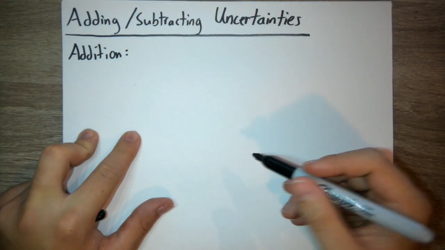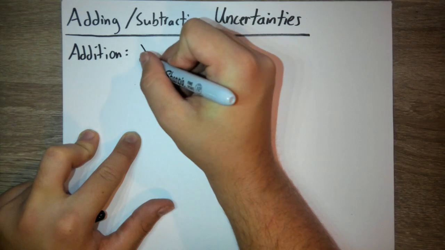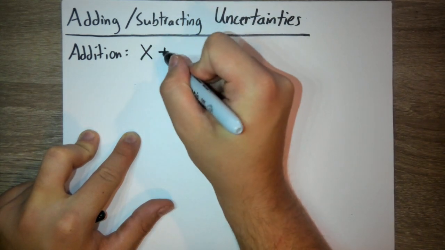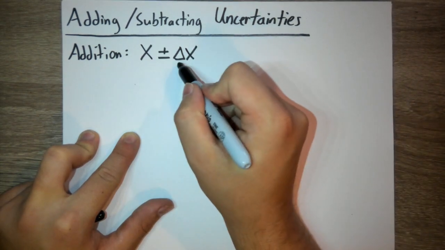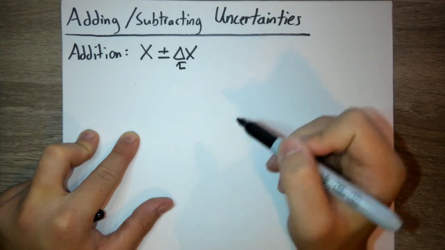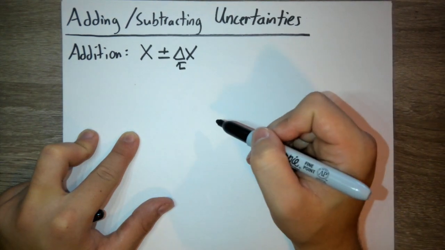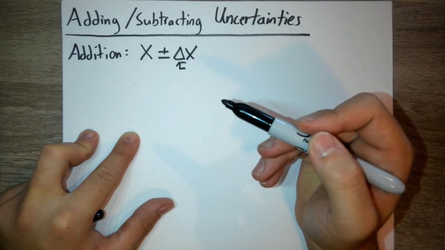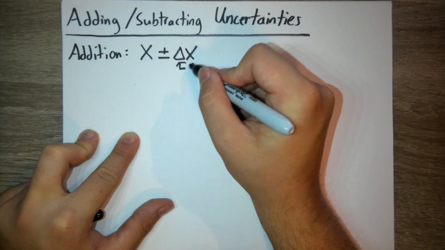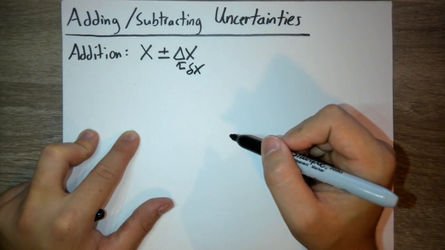So we start with two quantities. Let's say we have something we measure as x, and it's got an uncertainty of delta x. Now, delta is a Greek symbol that we use a lot of times to indicate that it is the uncertainty value. Sometimes you'll see it as lowercase delta like this.